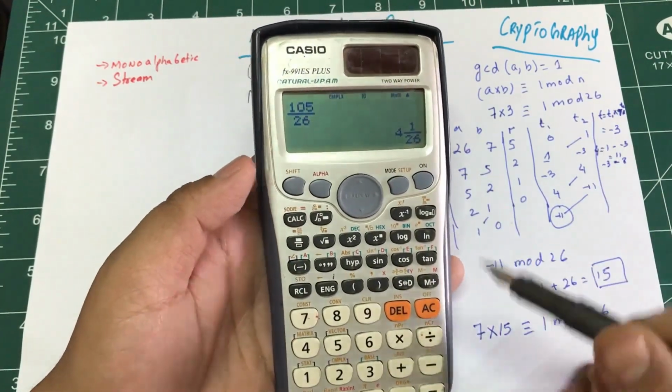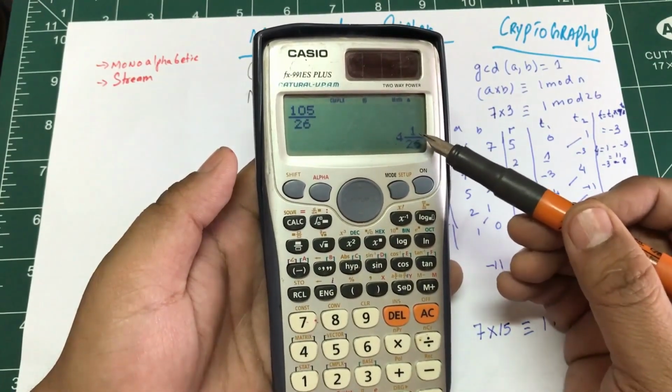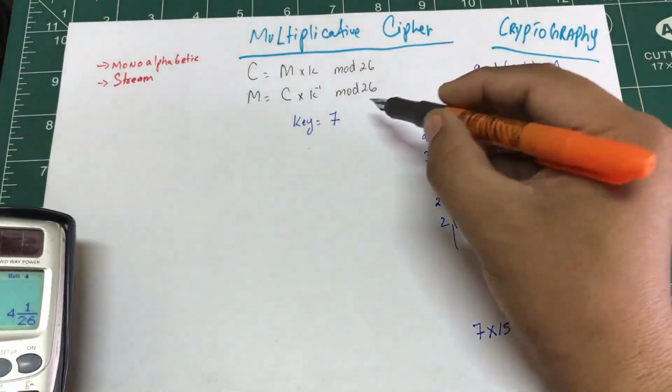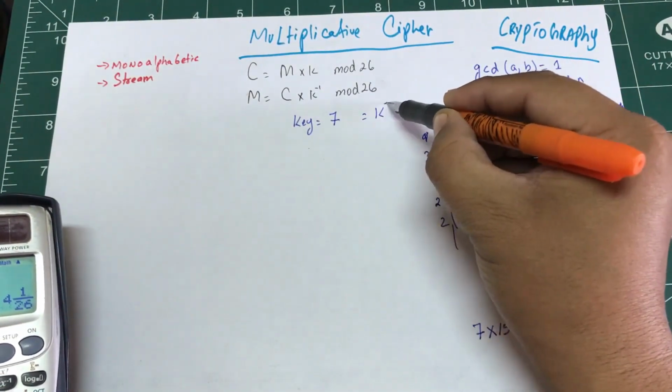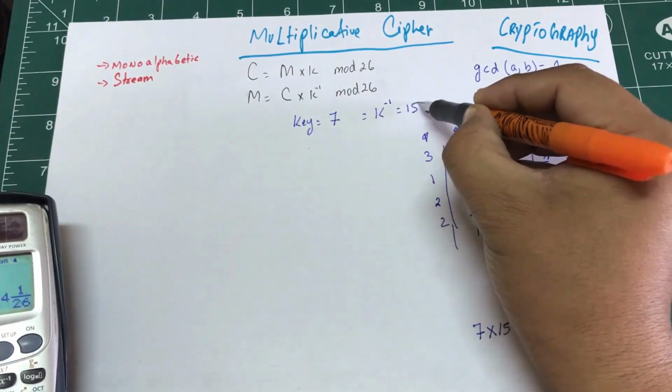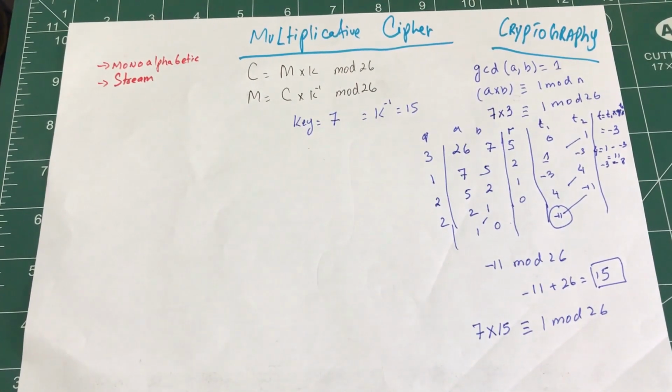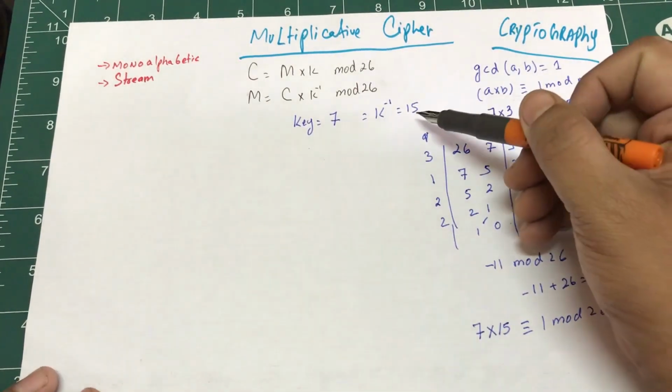Yes, indeed it is, because the top number is 1. Indeed it is my multiplicative inverse. So the key inverse is actually 15.